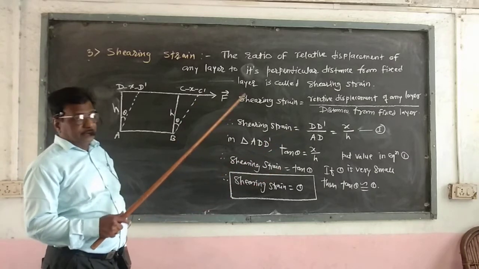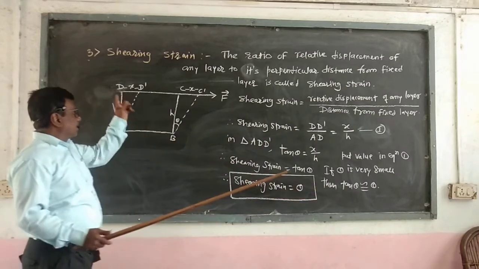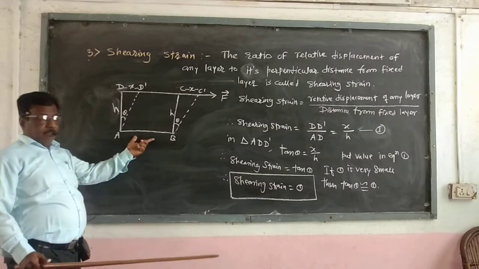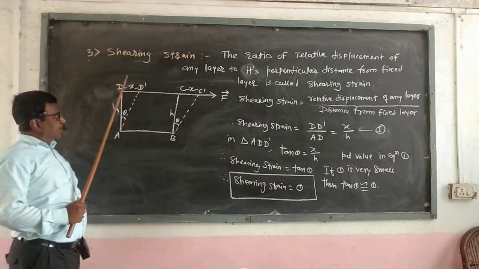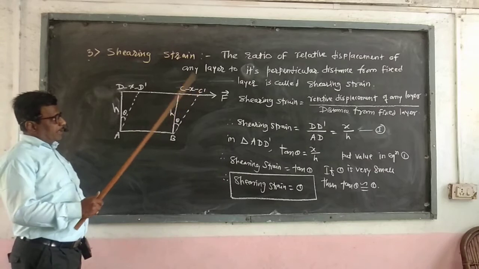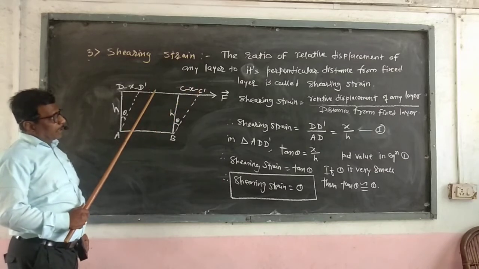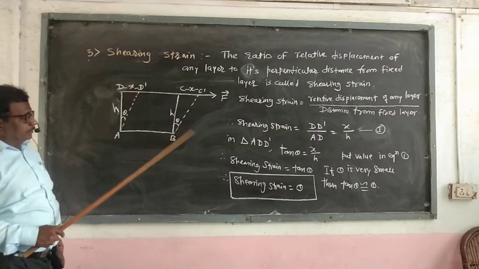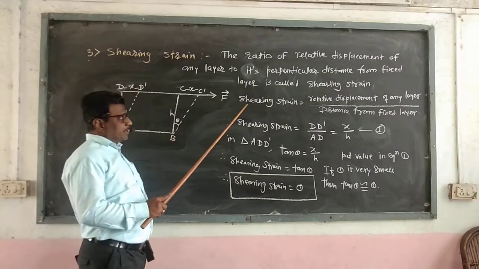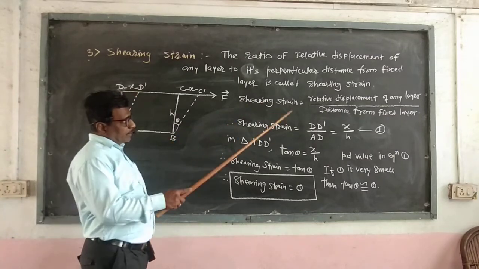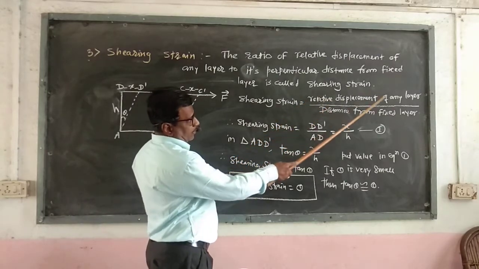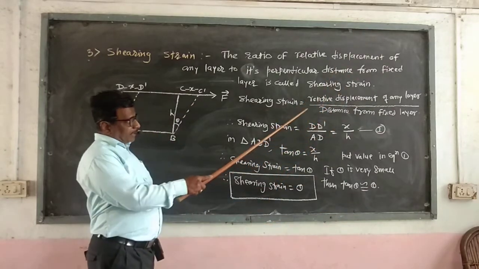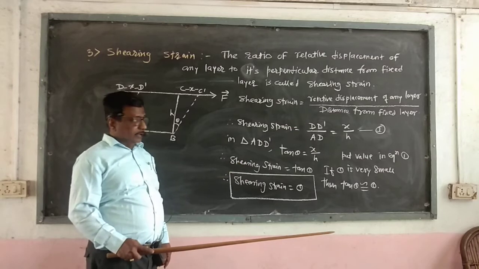Here in this figure, AB is the fixed layer. Here D, D dash, C dash is a relative layer. So that is the relative displacement. We get the formula: shearing strain is equal to relative displacement of any layer divided by distance from the fixed layer.